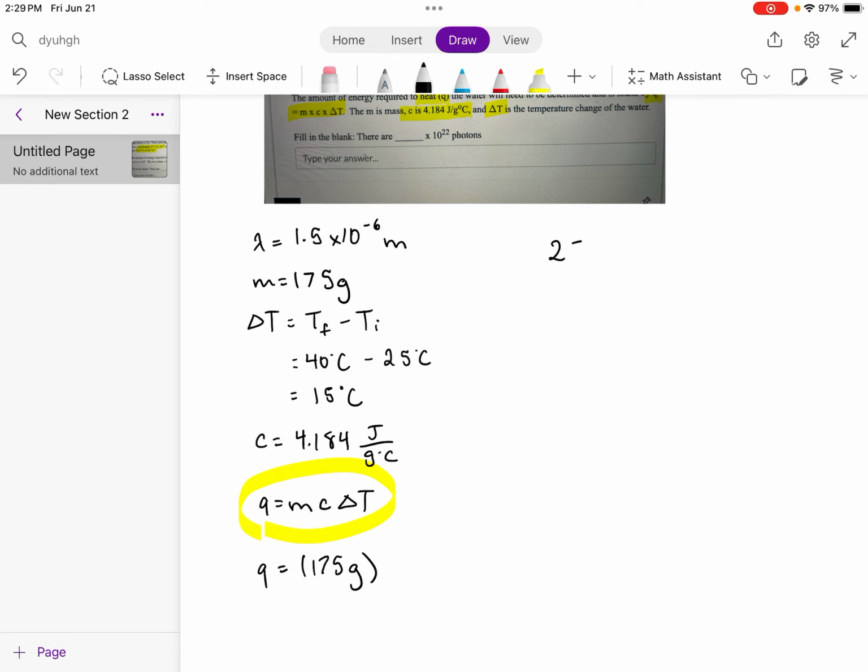So pretend it was 275 Kelvin and it heated up to 300 Kelvin. You want to find the difference first before you turn it into Celsius. Yeah, so hold on, let me think.